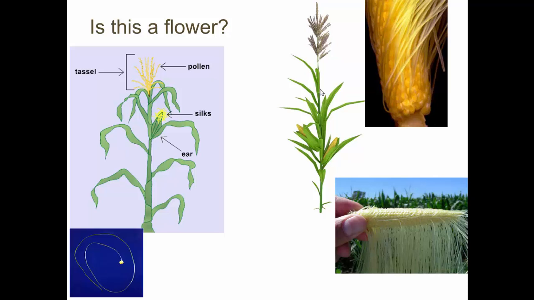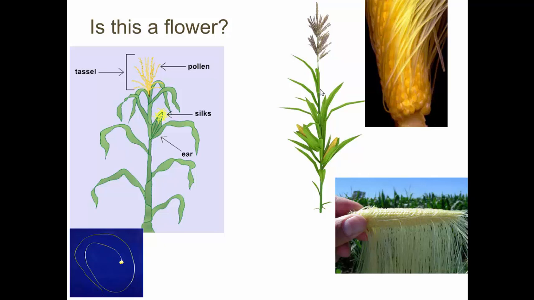That's an example of a kernel of corn that still has the style attached to it. The pollen is produced in the tassel of a corn plant up at the top, that's where the pollen is released. And then it fertilizes the silks of a plant, and that pollinates and causes the kernels to form.